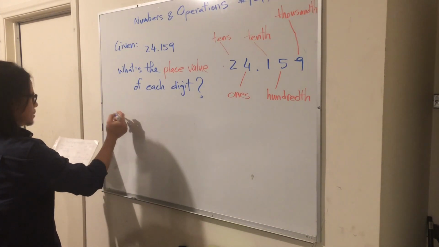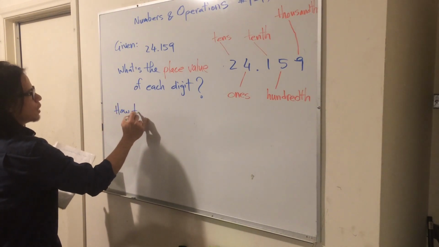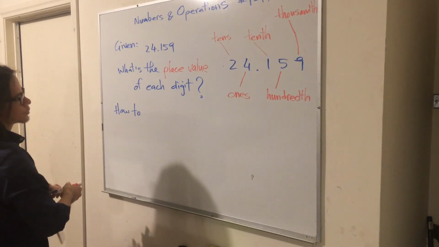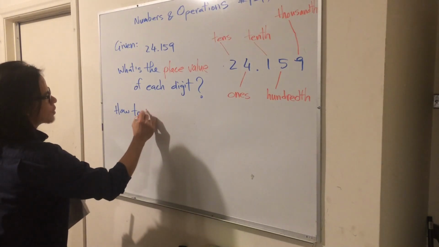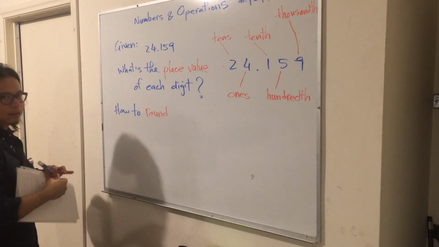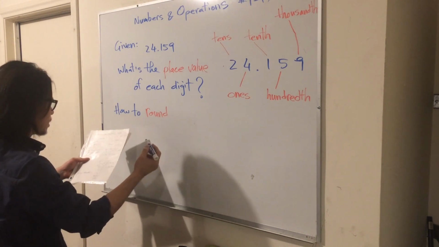The second question is rounding. So how to round. Okay, so the question is going to tell you whether to round to the nearest whole number, the nearest tenths, the nearest hundredths, or whatnot.